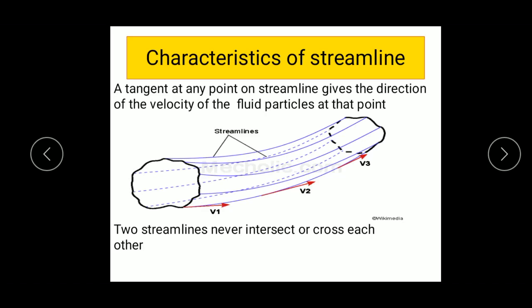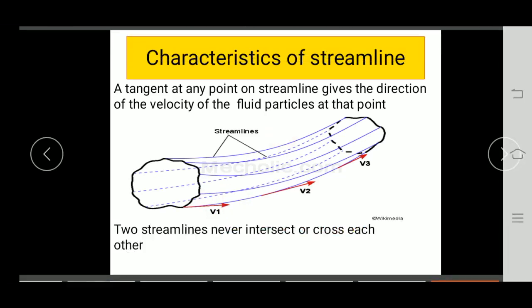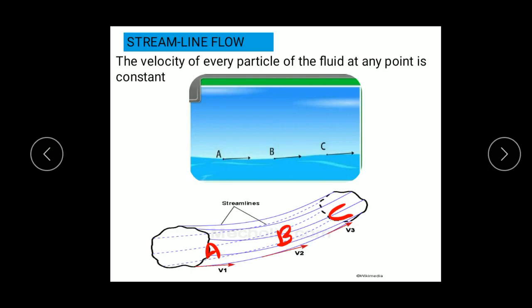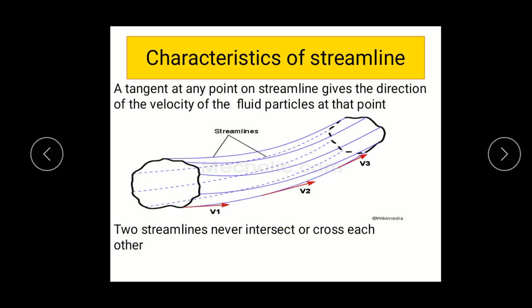Here we have drawn the tangent at point A, that is V1, the velocity of the particle at point A. Similarly, V1, V2 and V3 represent the direction of velocity of the flow of fluid at those points. So the first characteristic of streamline flow is that a tangent at any point on the streamline gives the direction of velocity of the fluid particles at that point.